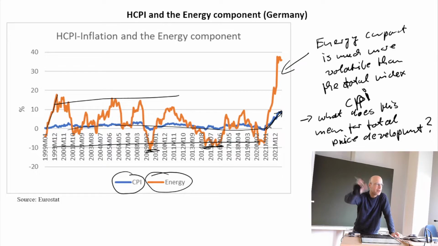So we have roughly plus minus 10, 20% in the development of the energy component. And what does this quantitatively mean for total inflation?